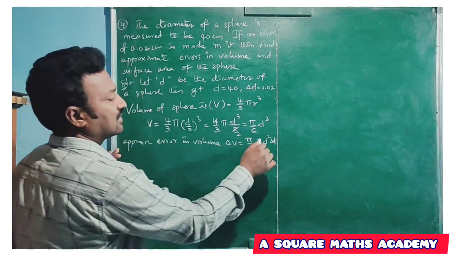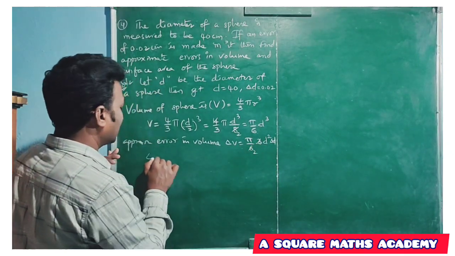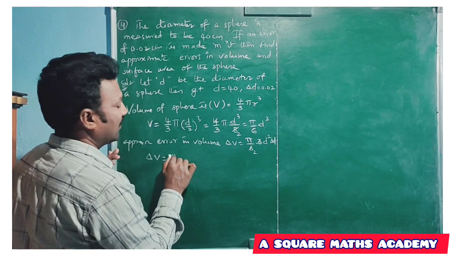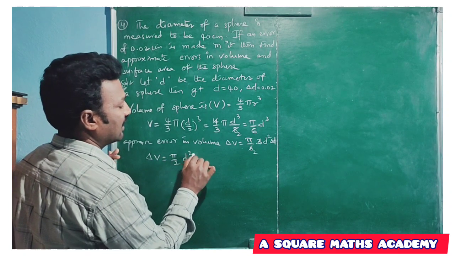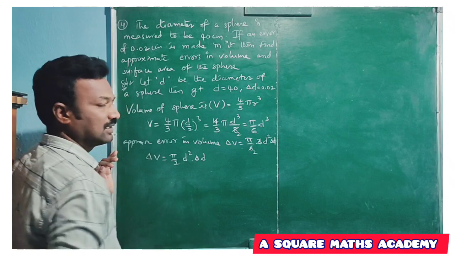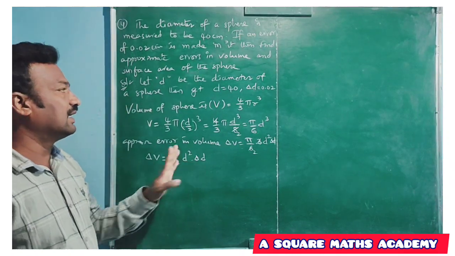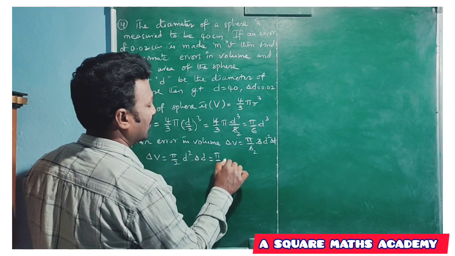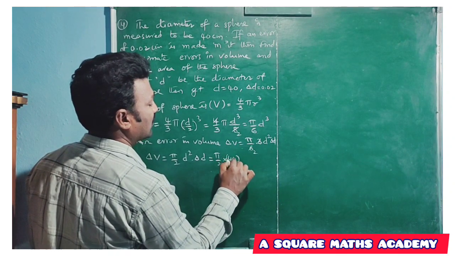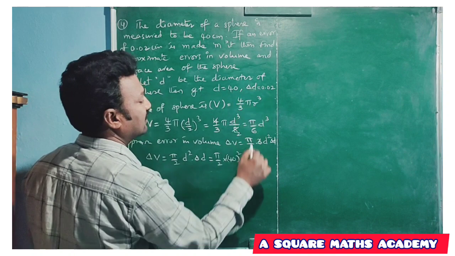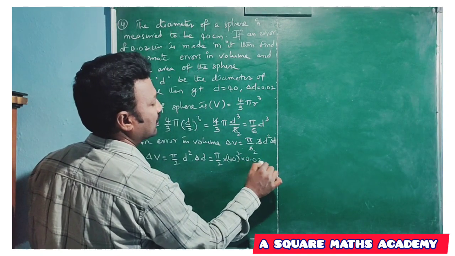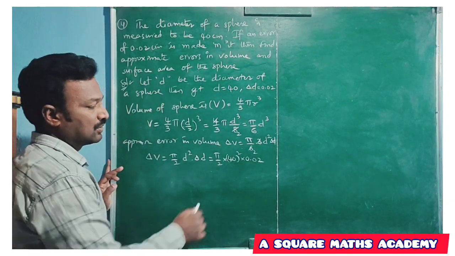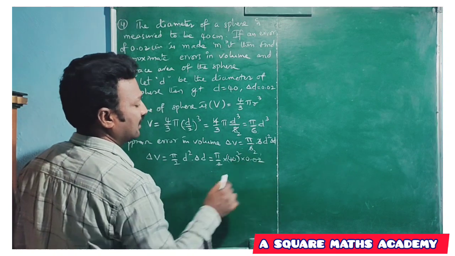Okay, so 3 ones are 3, 2 threes are 6, so delta V equals pi by 2 d square into delta d. So we know the value of d and delta d. What is d? 40. So pi by 2 into 40 whole square into delta d. Delta d value 0.02.